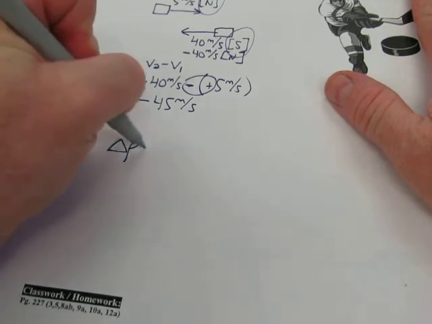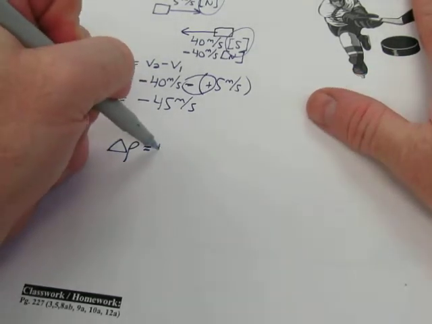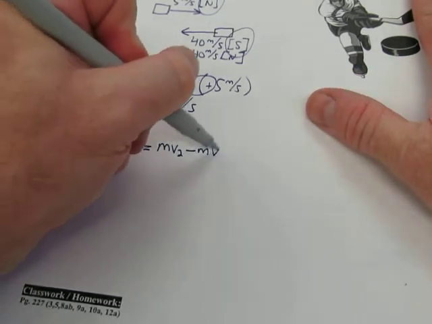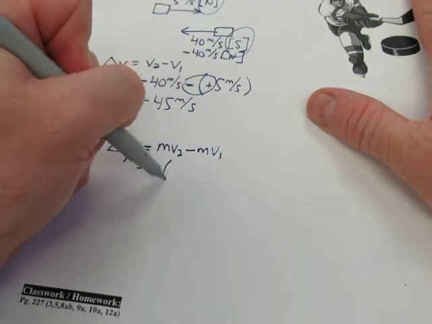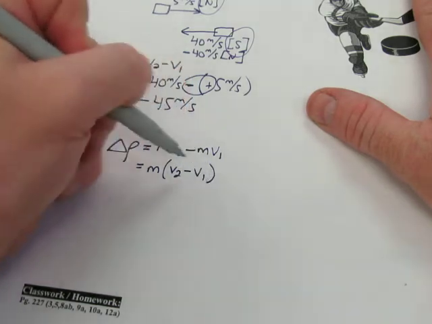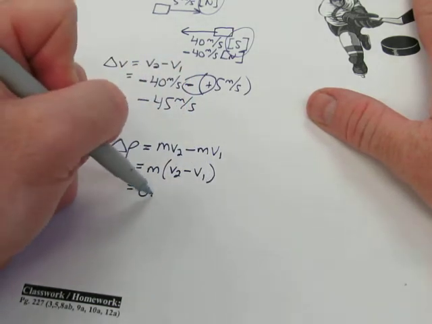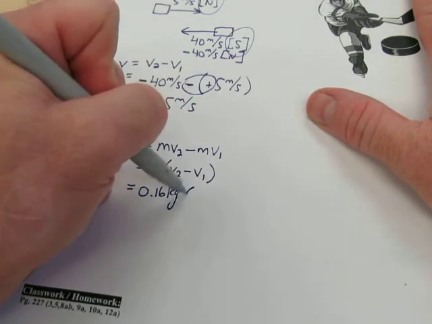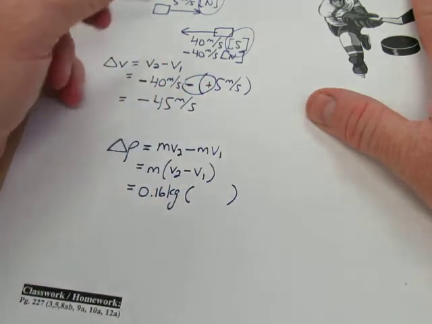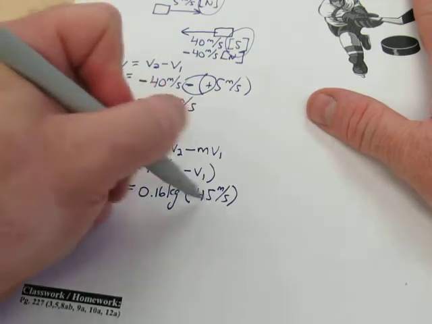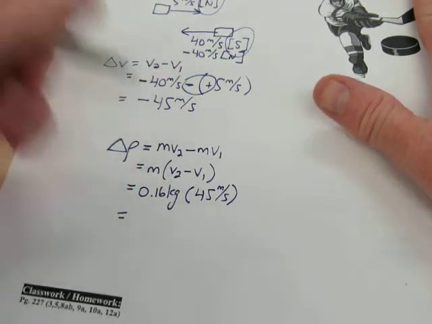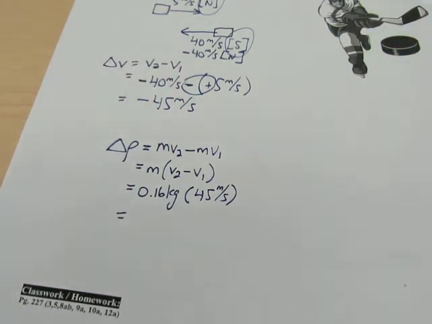A change in momentum is mv2 minus mv1, a change in two speeds. I can shorten that by taking mass out as a common multiple, might as well. So the mass in this question is 0.16 kilograms, and the change of speed, which I already did above, is 45 meters a second. And it doesn't matter whether it's negative or positive, that just indicates whether you're gaining or losing momentum.